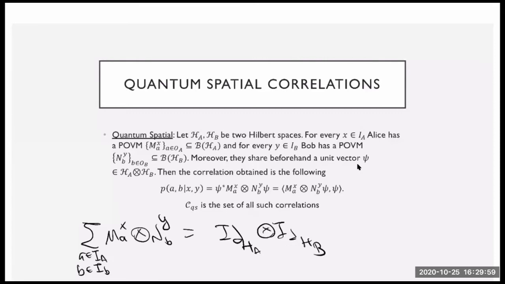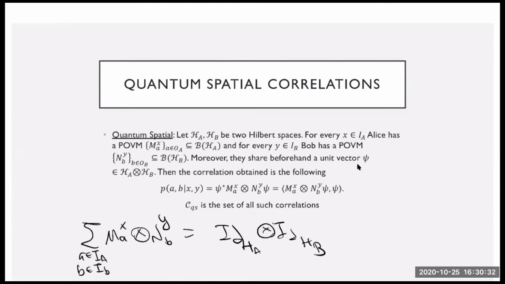So this set of correlations, where you just changed the definition that we had before to potentially infinite dimensional Hilbert spaces, gives what's called the quantum spatial correlations. Now, the name spatial means that you think of HA as the part of space that is in box A, and HB as the part of space that lives in box B. So the name spatial comes from the fact that you can define the whole space using a tensor product of two parts of the space.